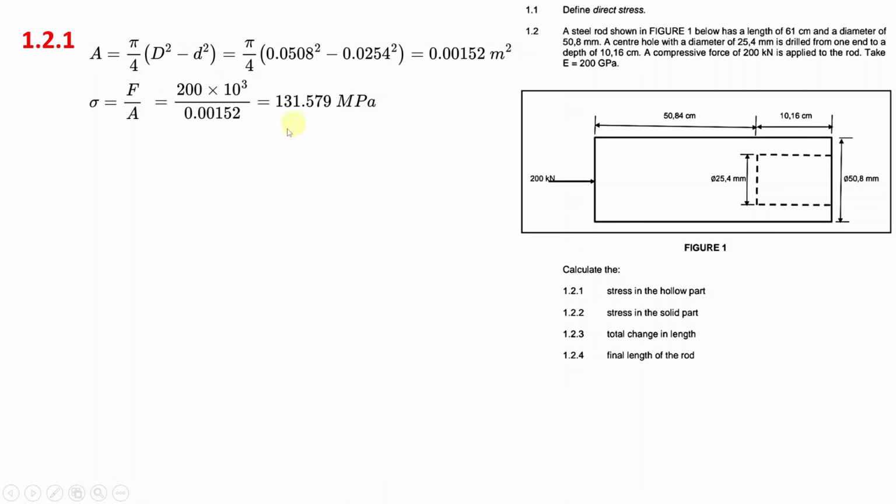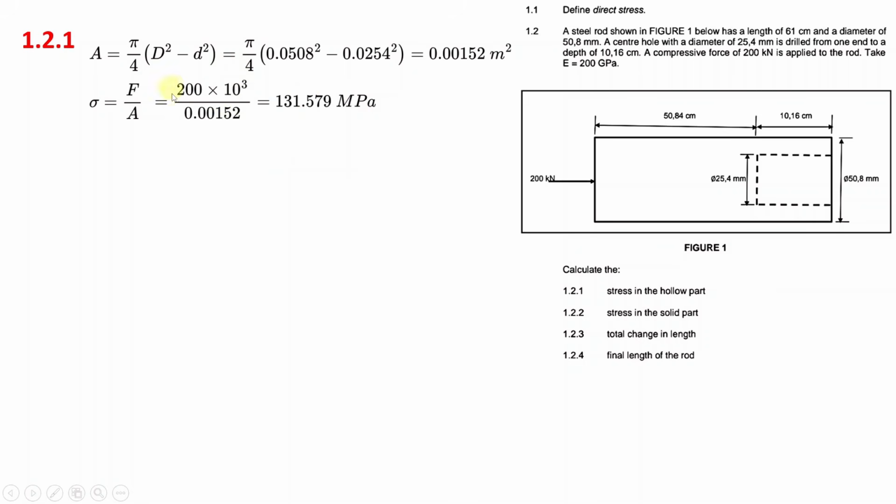But if you convert it to megapascals, that number will then be 131.579 megapascals. I did not want to write the long number in pascals and then write the conversion. You can do that yourself while you're checking my answers. But I just went straight ahead and converted the answer to megapascals immediately.